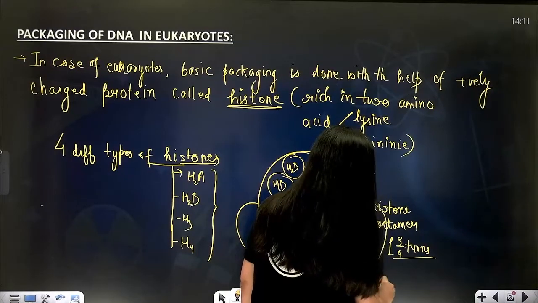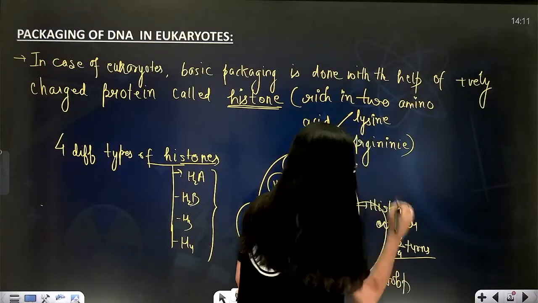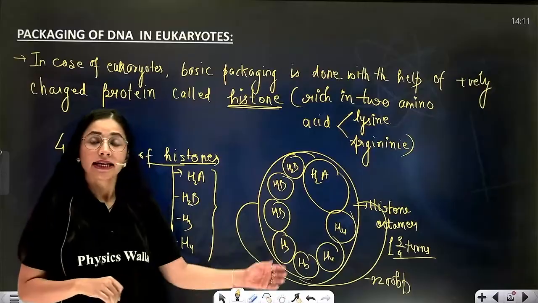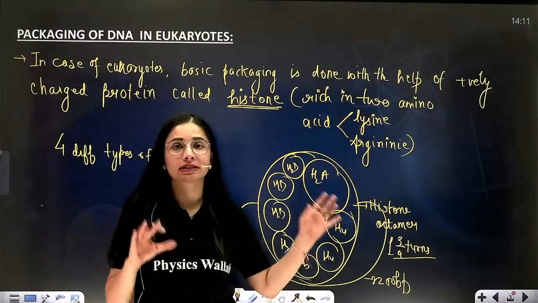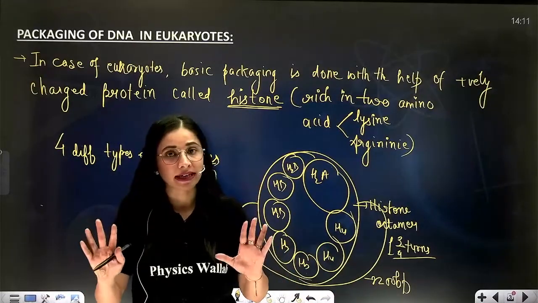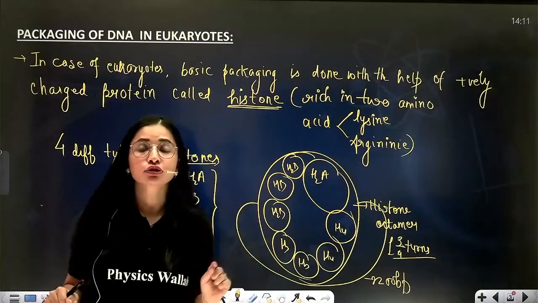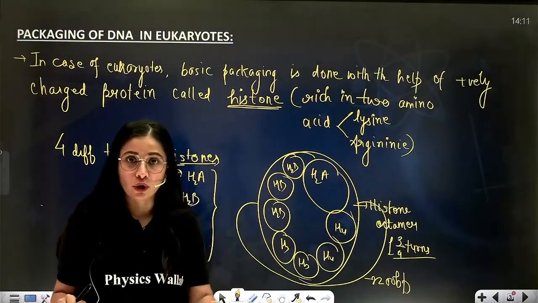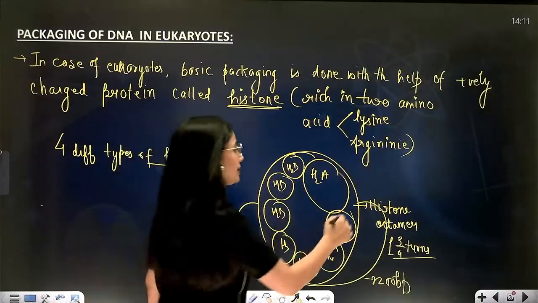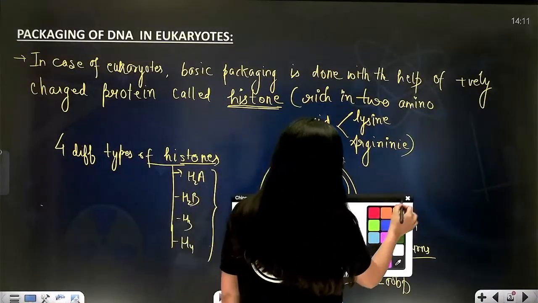So the number of base pairs of DNA over here is 200. Now just to make sure that this wrapping remains permanent and does not unwrap again, unwinding should not take place. Therefore, to lock the structure, there is H1 histone protein.